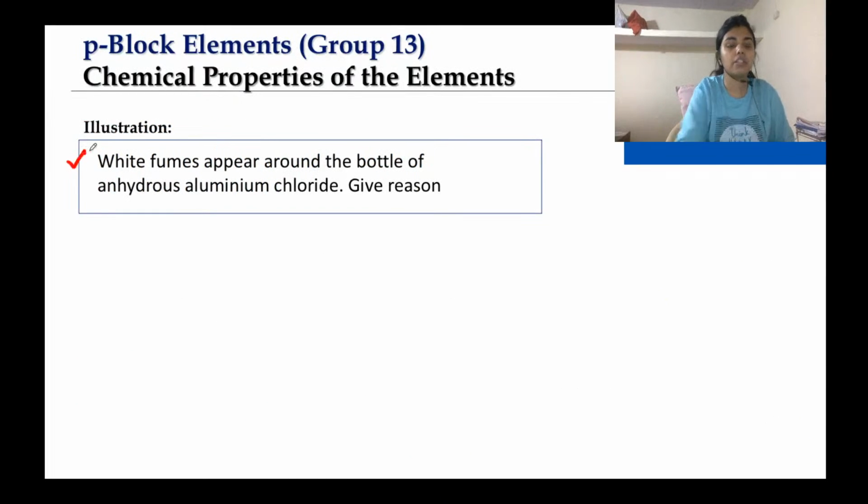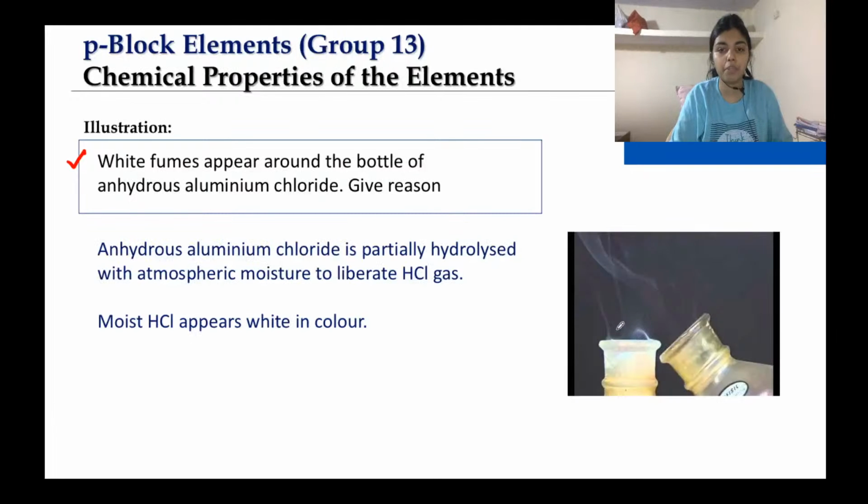Now this is a question: white fumes appear around the bottle of anhydrous aluminium chloride. If you take anhydrous aluminium chloride, why do you see white fumes appearing, right? What happens here is, with atmospheric moisture, AlCl3 on reaction with water liberates HCl gas.